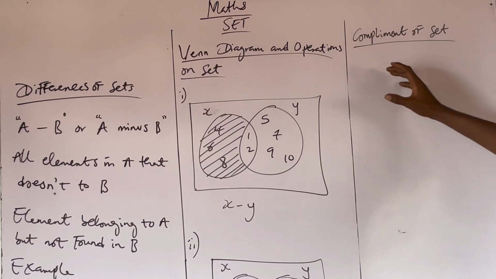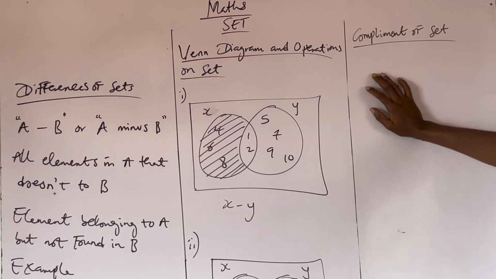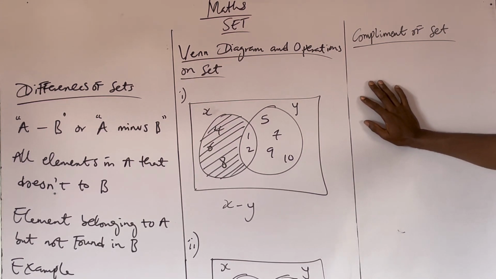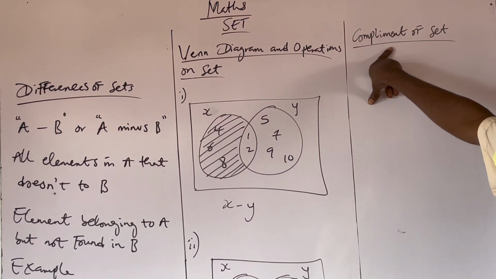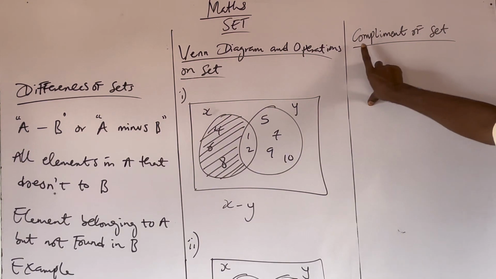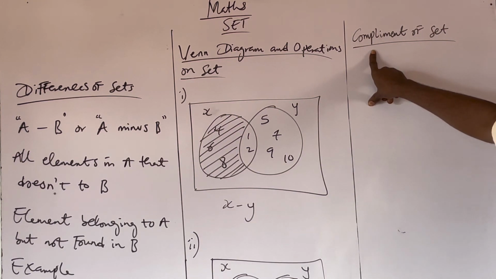I would have written something on the board, but I don't have space. In complement of sets, all elements of A do not belong to A, rather they belong to the universal set. So this type of set is in relation to the universal set.